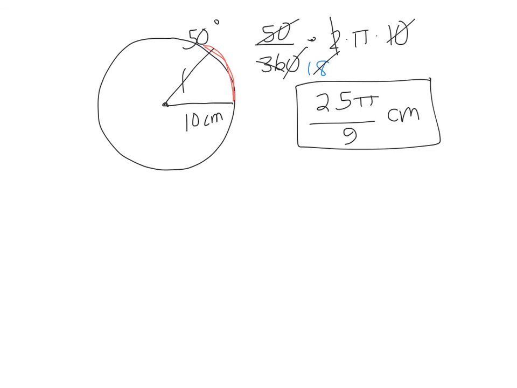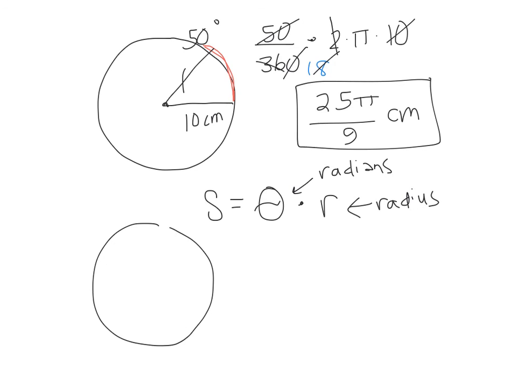If you're given radians, I would use this formula. Arc length equals theta, where theta is the angle measure in radians, the central angle, times r, which is the radius. So I'm going to do a similar circle. The radius is 20 centimeters, and then we're finding this arc.